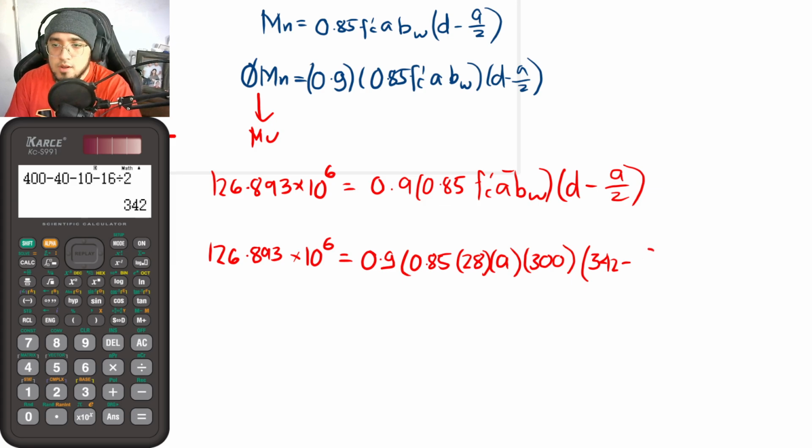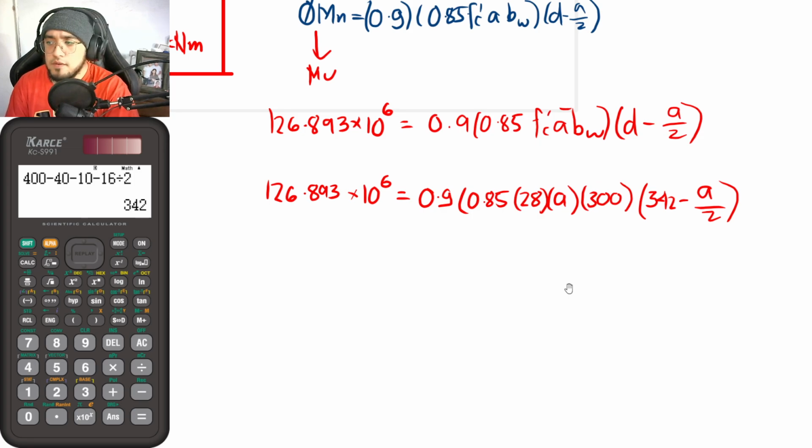You can make use of shift solve here, however, we would encounter some problems. First, we might encounter a lengthy calculator solution, so it might take a while. Another thing is that this will result in a quadratic equation, meaning we have two possible answers, so if you use shift solve, the wrong answer might be the one displayed.